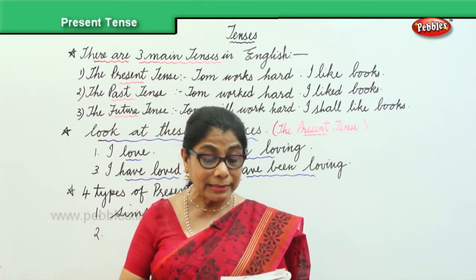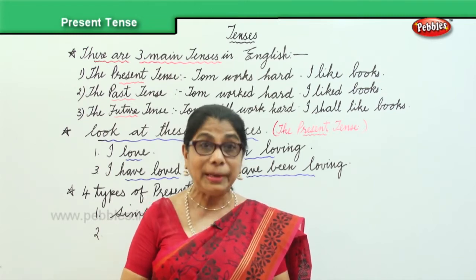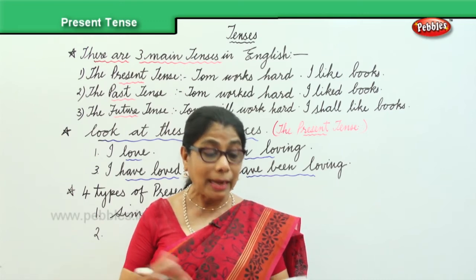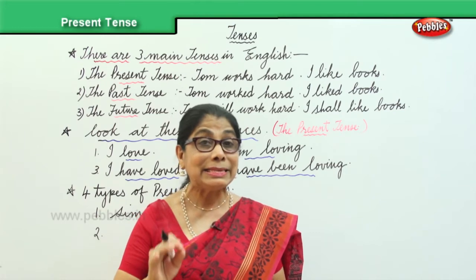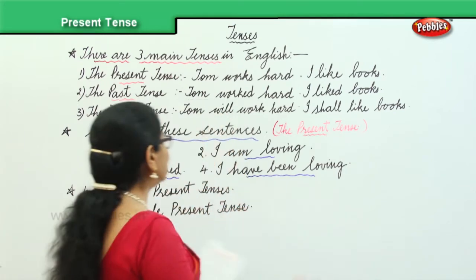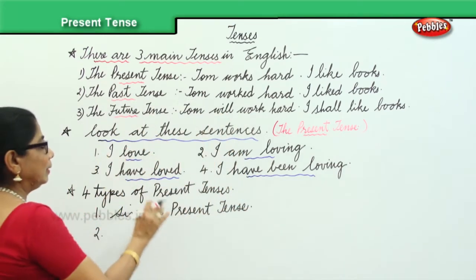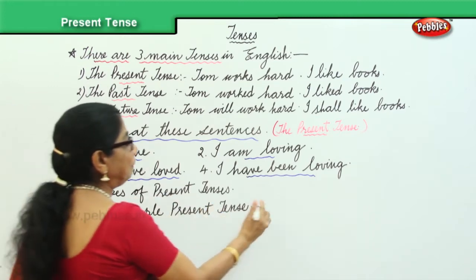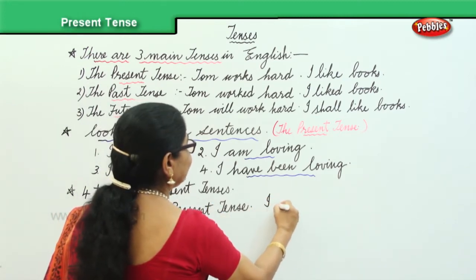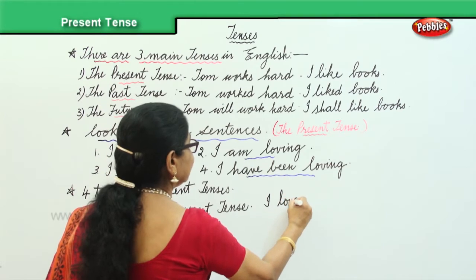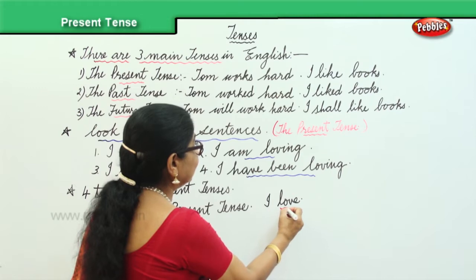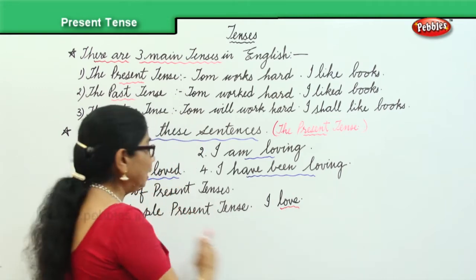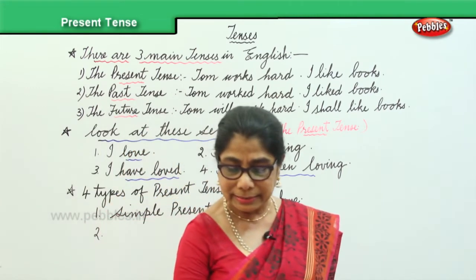It does not tell us anything about the completeness or incompleteness of the action. Hence, the verb is said to be in the simple present tense. So we say, I love. That is the simple present tense.